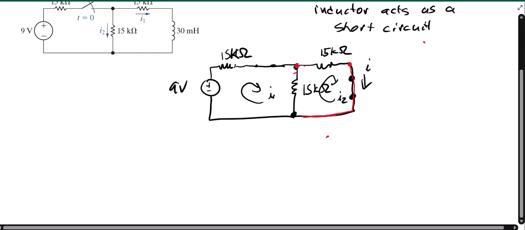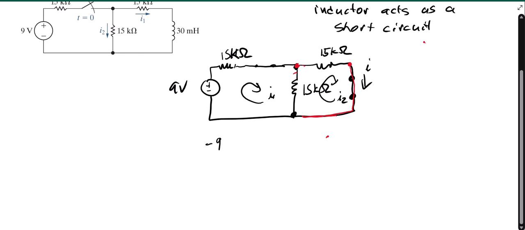Now if I look for my mesh equation for I1, I'm coming into the negative terminal of the 9-volt voltage source, that's minus 9, plus I1 times 15 kiloohms.